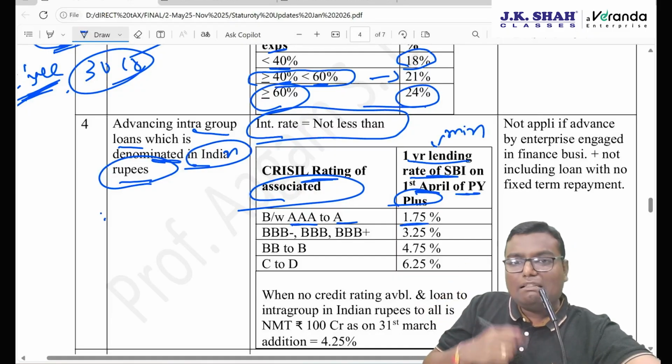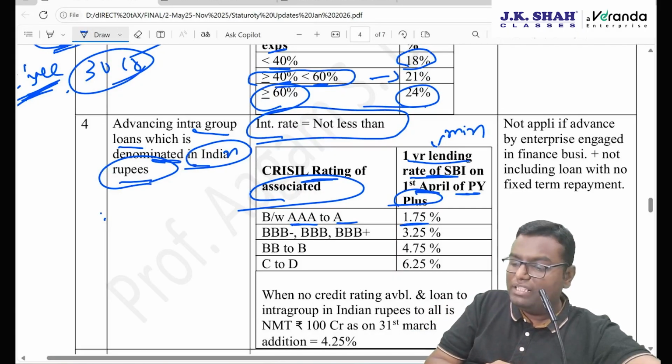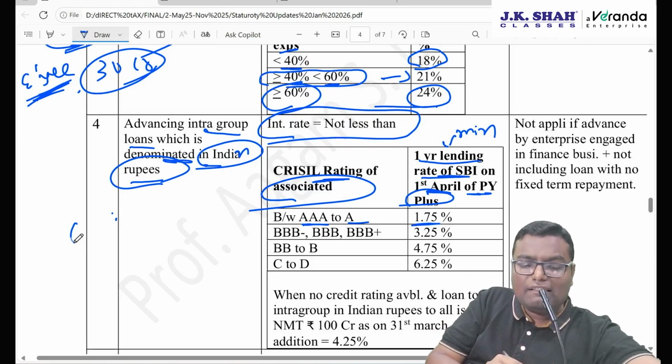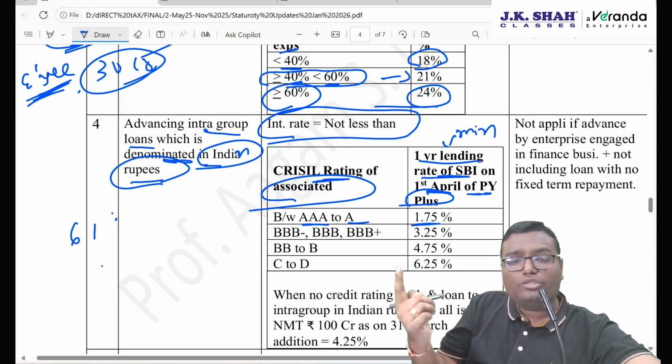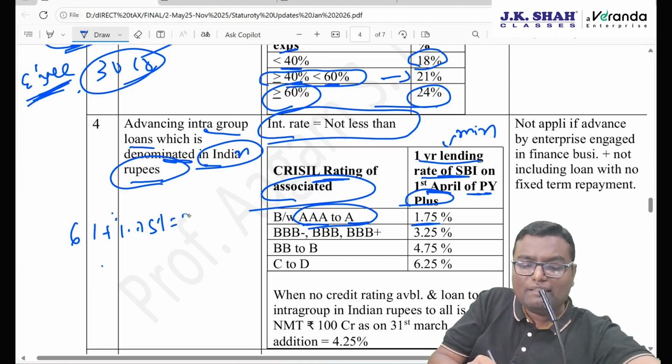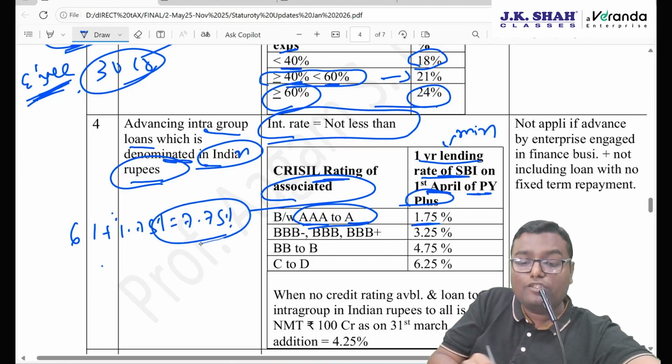So let's say SBI lending rate on 1st April of the previous year, that is 1st April 2024 for our exam, is 6%. Then to your associated enterprise with this kind of rating, you will charge 6% plus 1.75%, that will be 7.75%, and it will be assumed to be at arm's length price.